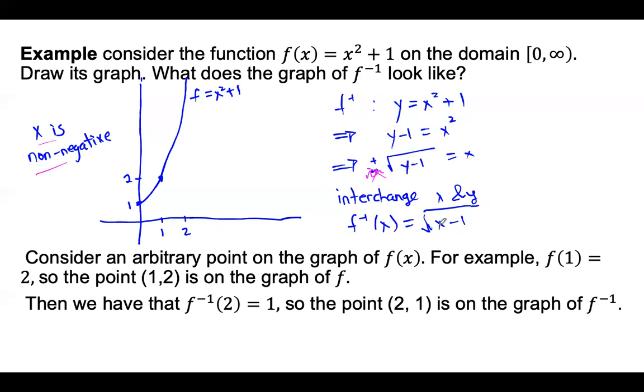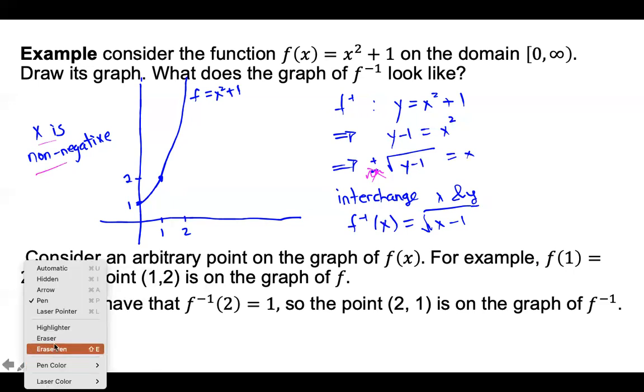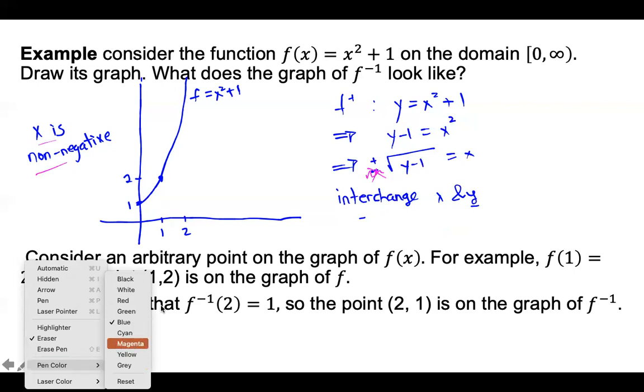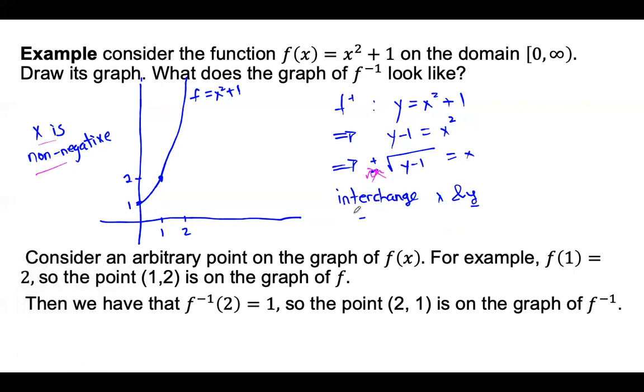Okay, so now we can plot this function on this graph. I'm just going to erase it and write it in a different color. You don't have to erase it. You can think of it like a little table of values.